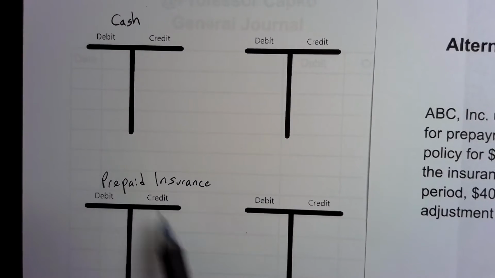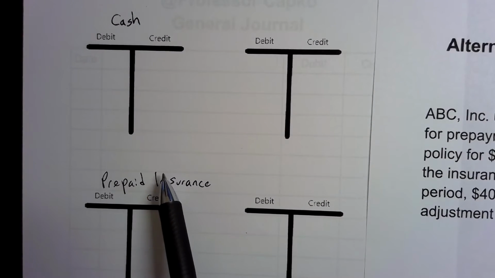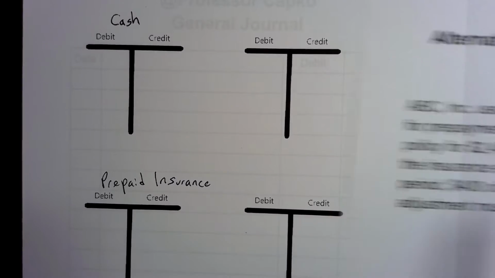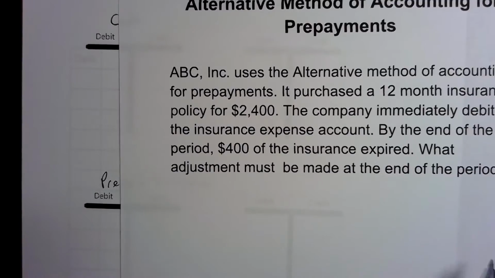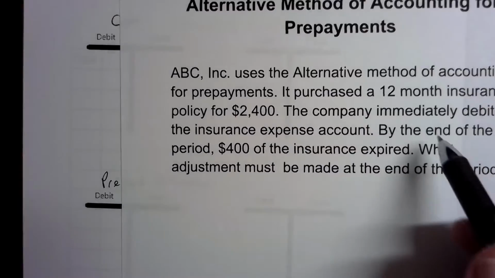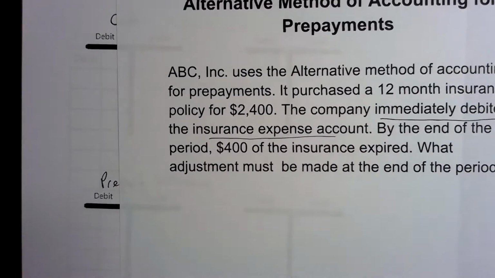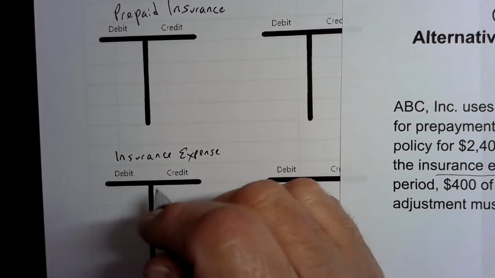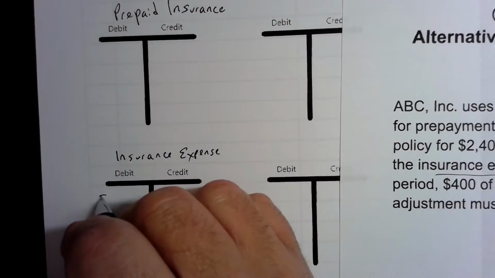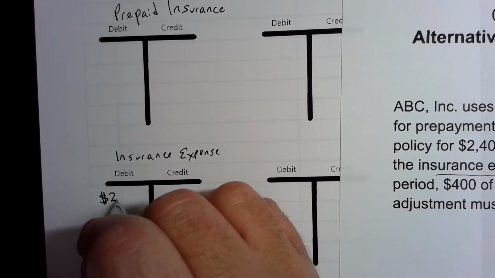I've got a T account here for cash, and we have insurance expense. In our example here, we're told that the company immediately debited the insurance expense account for the $2,400. So I'm going to go to the insurance expense account and I'm going to debit, which is on the left-hand side, $2,400.